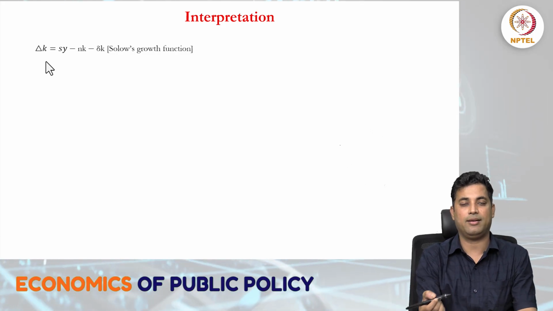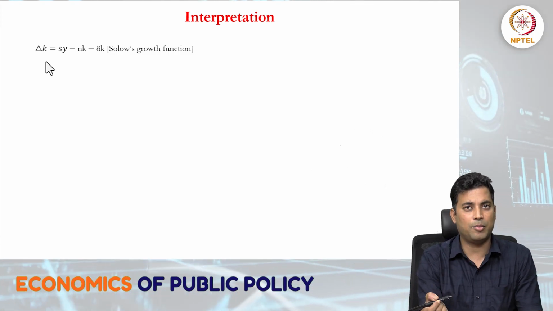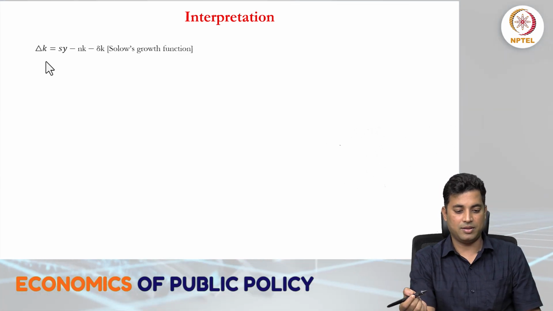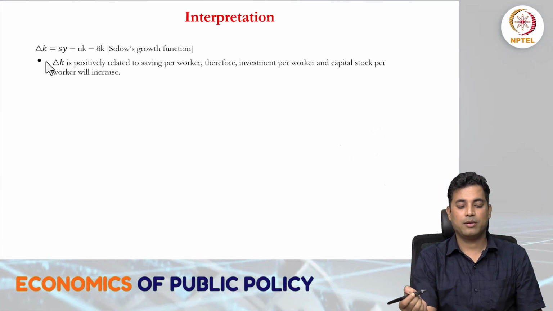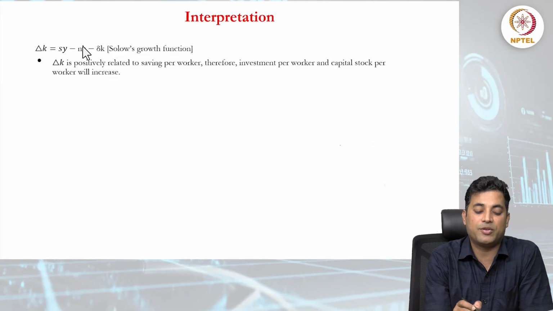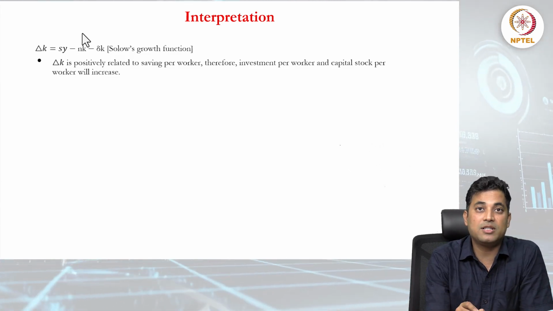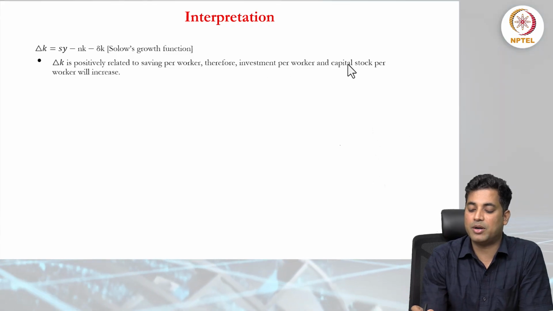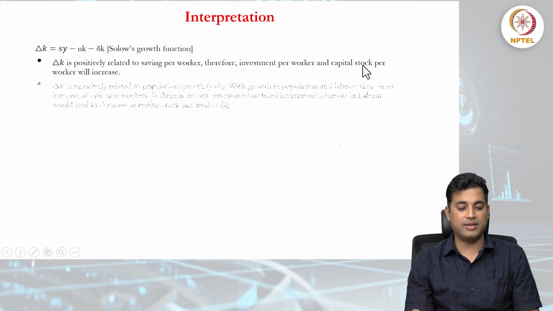Here small n is the population growth rate, and delta is depreciation. So what does that mean? It means delta k is positively related to savings per worker. Therefore, investment per worker and capital stock per worker will increase.